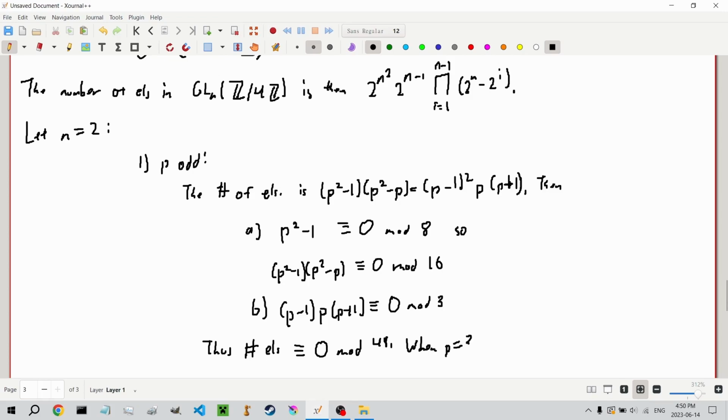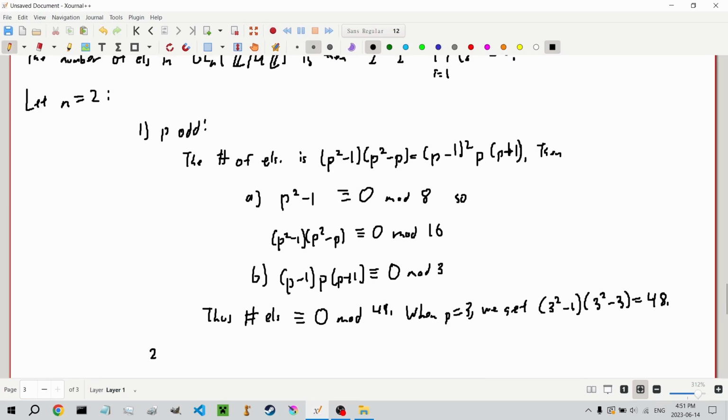When p is 3, we get 9 minus 1 is 8, times 9 minus 3 is 6, which is 48 exactly.